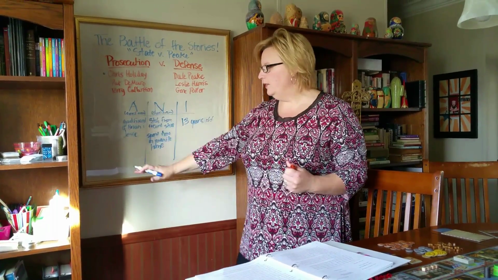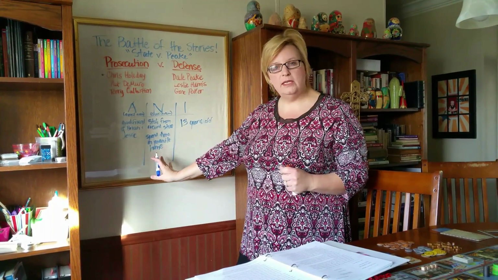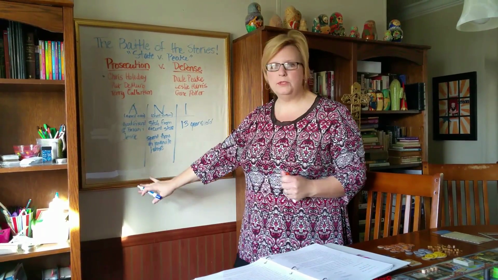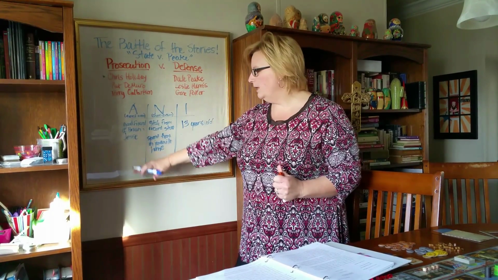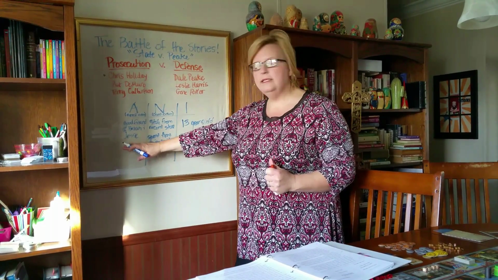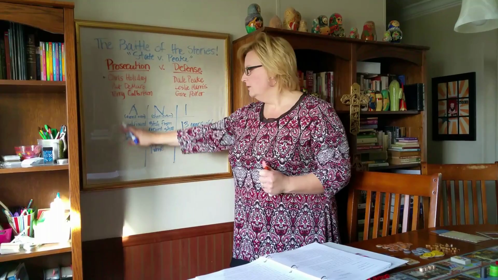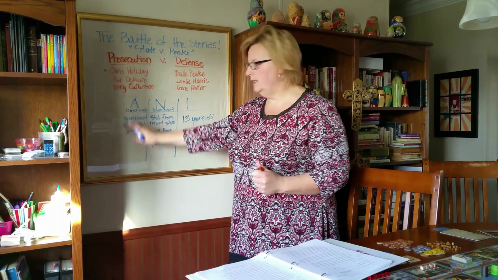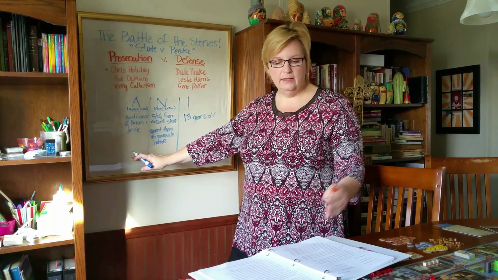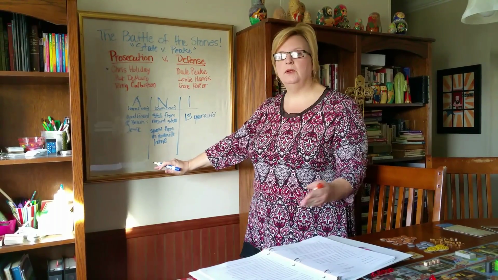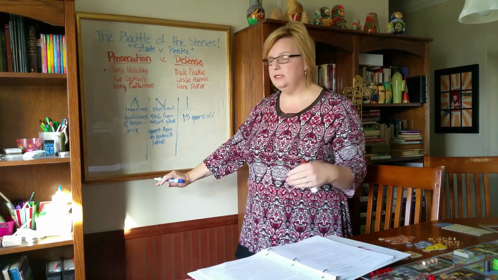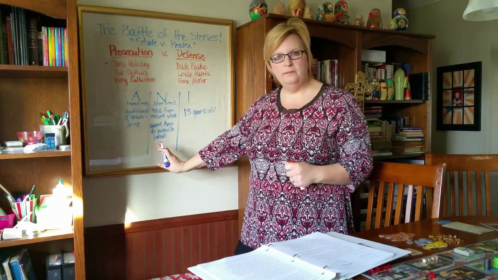So anyway, this is just the beginning of this Annie chart for Chris Holliday, but this is how you would proceed through it. You would continue to write things that could be used as he tells his side of the story for the prosecution side in the A column. And again, if you run into anything in his testimony that could be used against him, it would go in the negative column.